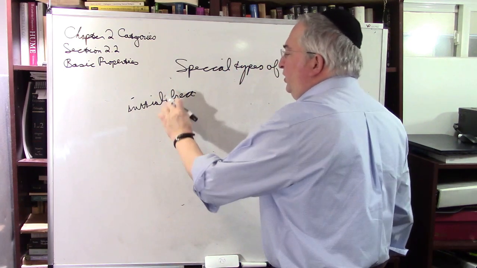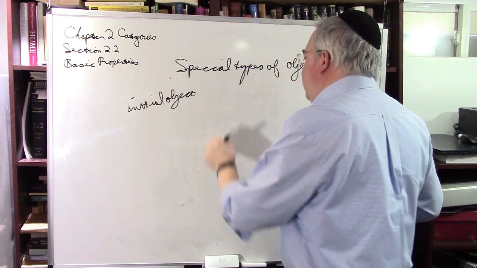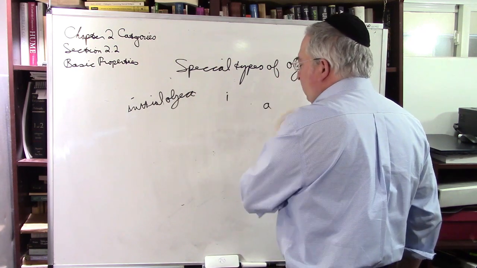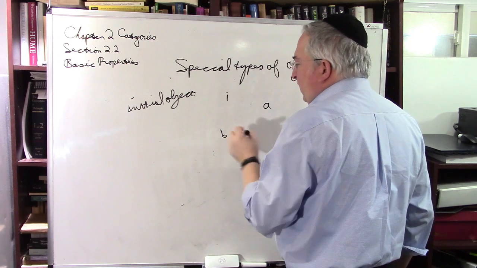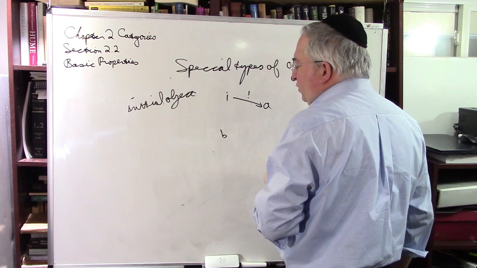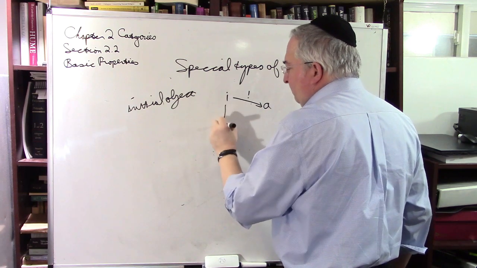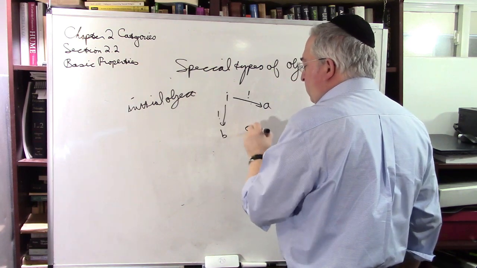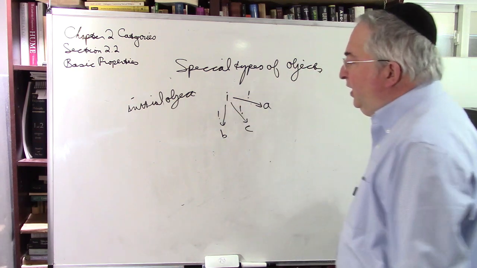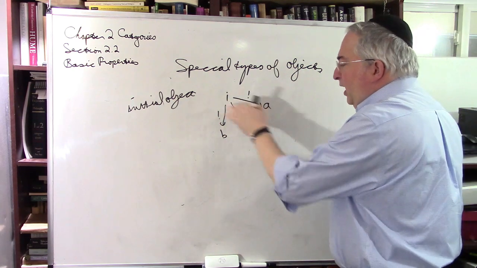An initial object in a category is some object I such that for any other object A, B, any other objects, there is a unique morphism from I to it. So for any other object in the category, there's a unique morphism from I to it.